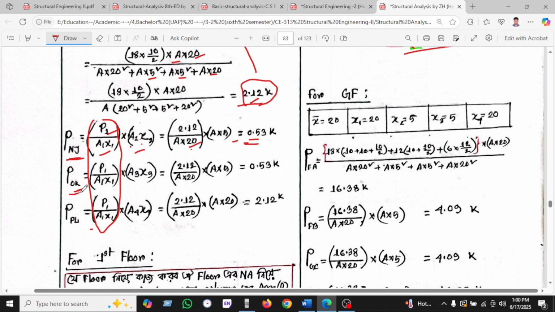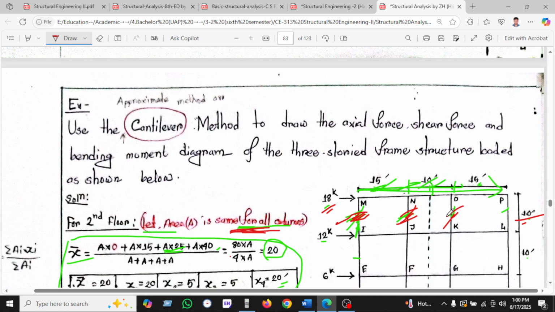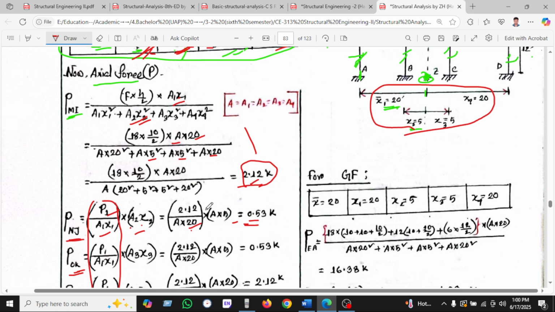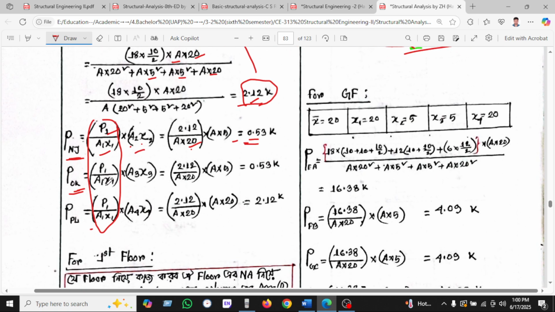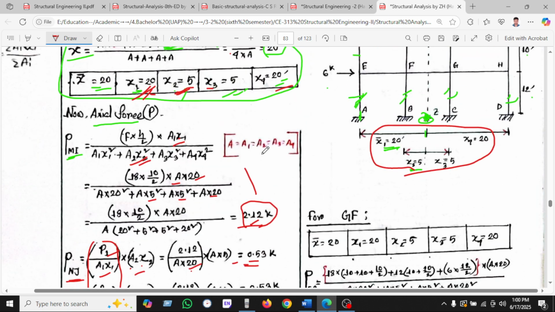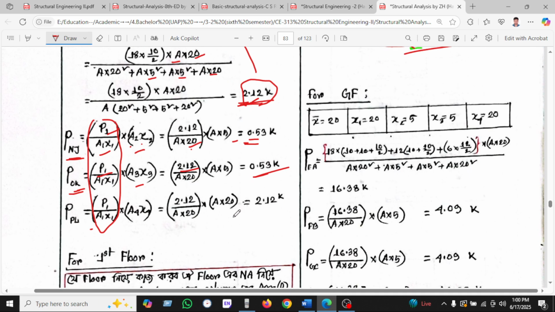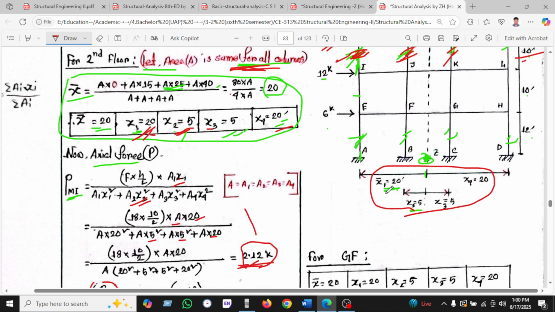In the same way, for the next column, putting P1 divided by A1 X1 and A3 into X3, and putting all these values, we found 0.53. The P1 value is 2.12, and X1 is 20.